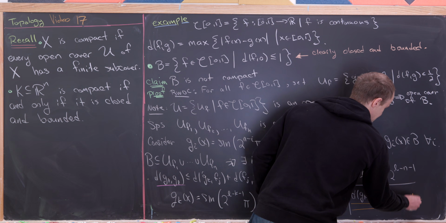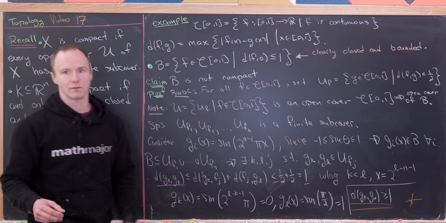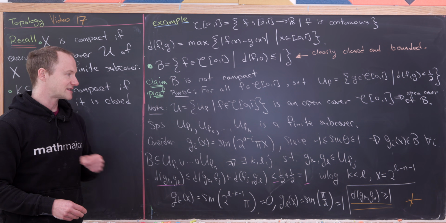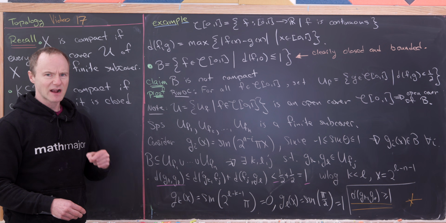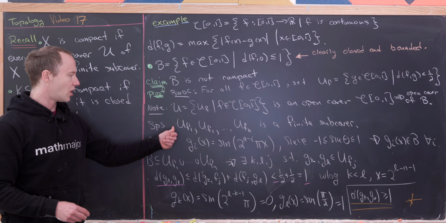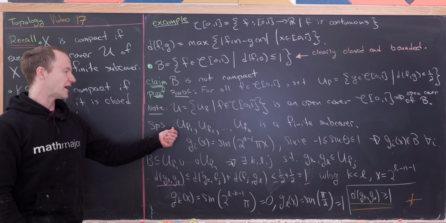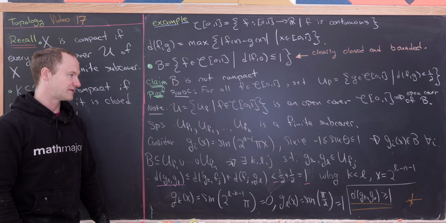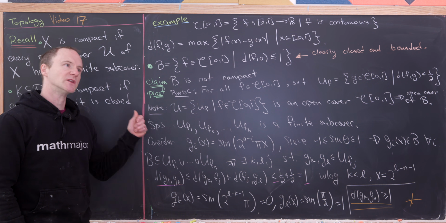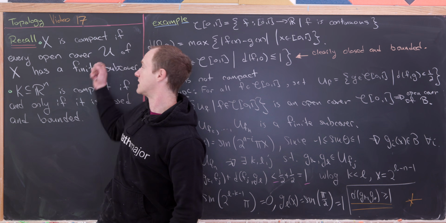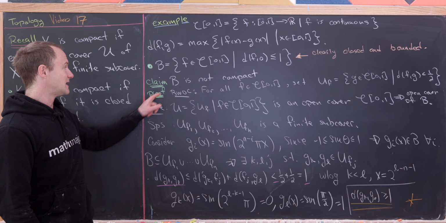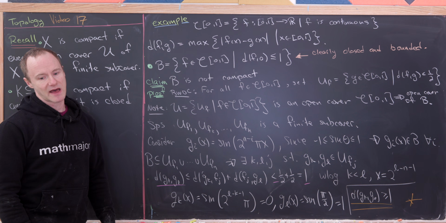But of course it can't simultaneously be strictly less than 1 and bigger than or equal to 1, so that's our contradiction. And that contradiction leads all the way up here where we made an incorrect assumption. We are in fact not able to find a finite subcover. So if we're not able to find a finite subcover, that means that B is not compact.